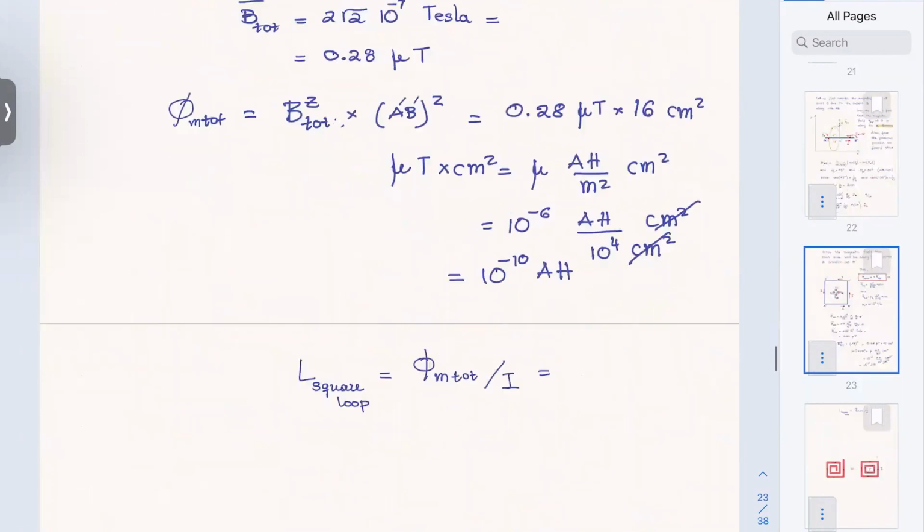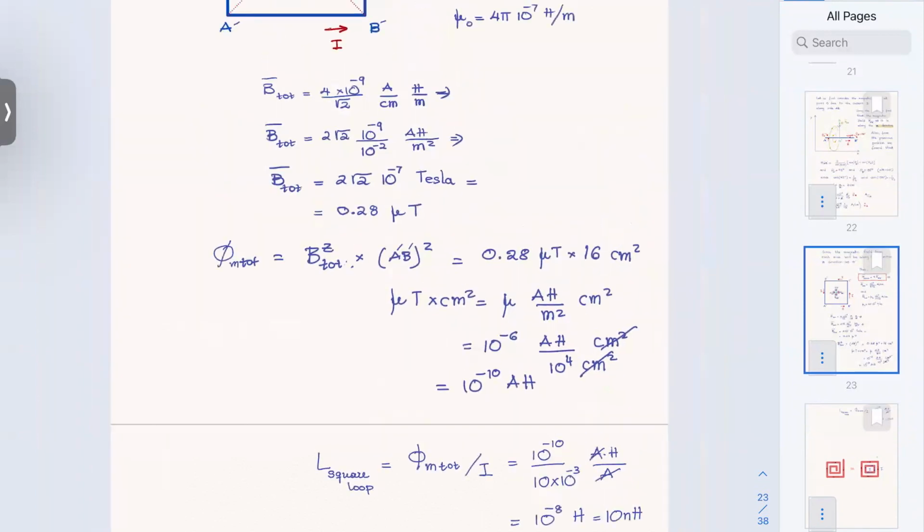So practically, this will be 10 to the minus 10 divided by 10 to the minus 3 amps, and here it is going to be ampere-henries divided by amps, and therefore this is going to be 10 to the minus 8 henries, which is 10 nanohenries.